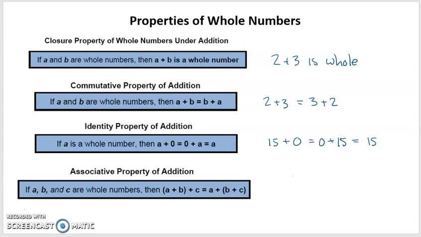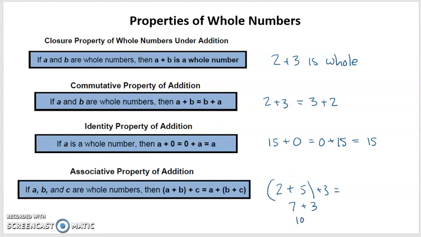The final property is an important one called the associative property. And what that says is that you can add numbers in different ways and get the same result. So if I take 2 plus 5 plus 3, I can take 2 plus 5, which is 7, and add 3, that would give me 10.